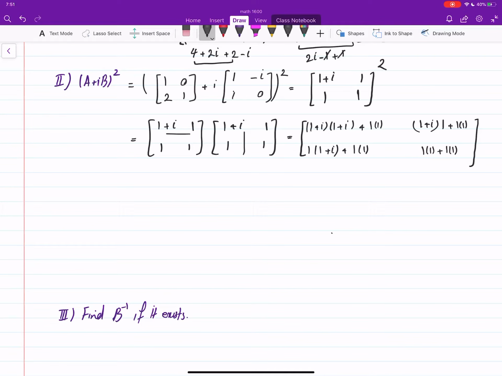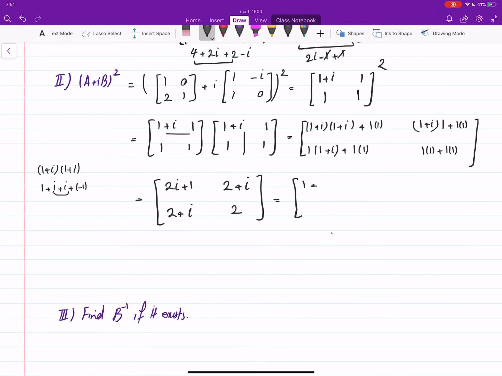And here now we need to do the computation. 1 plus I times itself. 1 plus I, 1 plus I. This will give us 1 times 1, I, another I, plus I times I, which is negative 1. So negative 1, this guy is 2I plus 1. Here we have 1 plus I plus 1. This is 2 plus I. Here we have 2 plus I again. And here we have 2. And that's what we have.